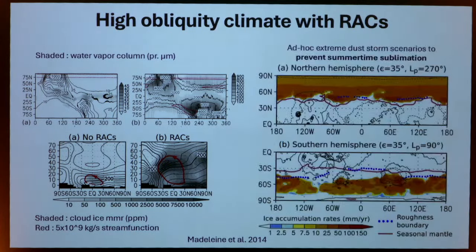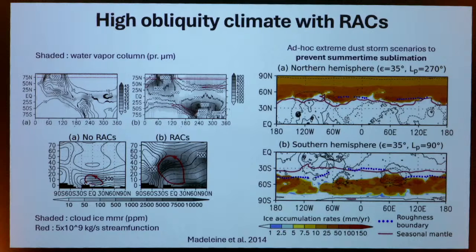And this has strong implications for the deposition of the latitude-dependent mantle, because when the atmosphere is so humid, you actually have snowfall and aerial deposition of ice in the mid-latitudes. Like here, you can see the snowfall accumulation rates, which drives the buildup of the latitude-dependent mantle at this time.